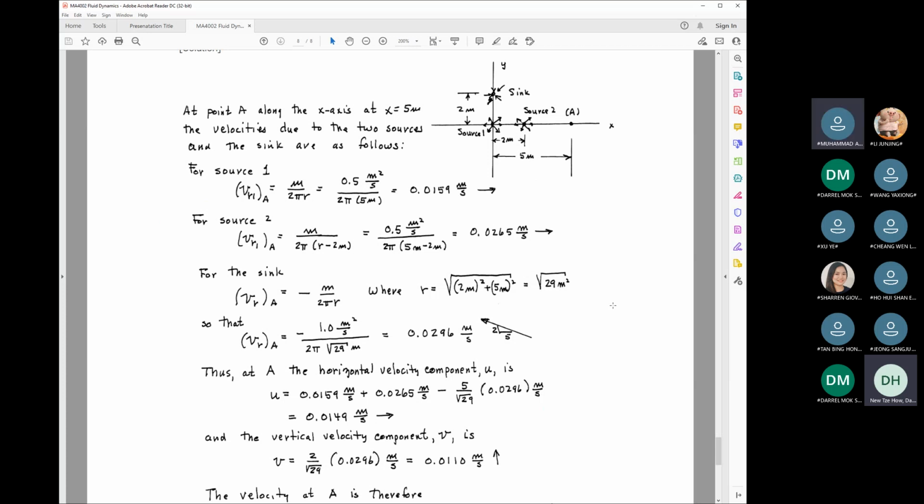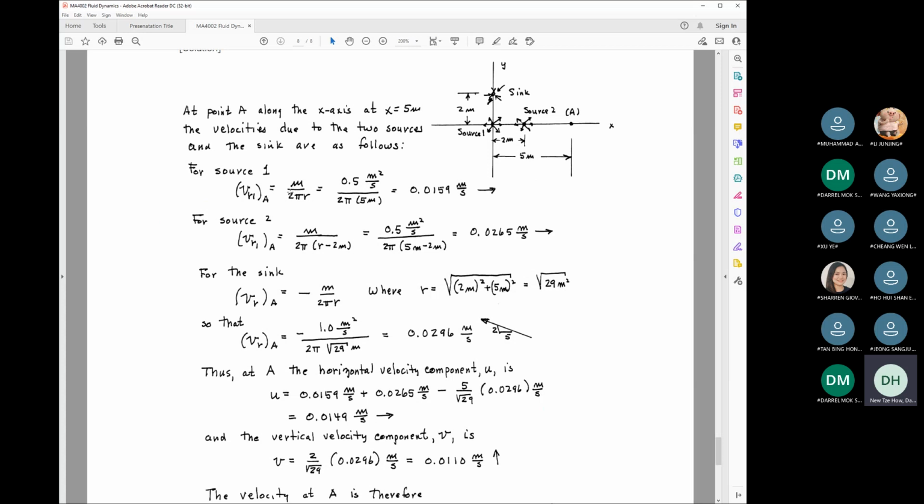Yes, that's exactly what I'm asking. Okay, so first thing first, when it comes to source and sink, if we have to use their velocity components, adding them up or subtracting them, we always start off with their radial velocity first. You can see from the screen, we always have to find the radial velocity associated with the source and the sink.